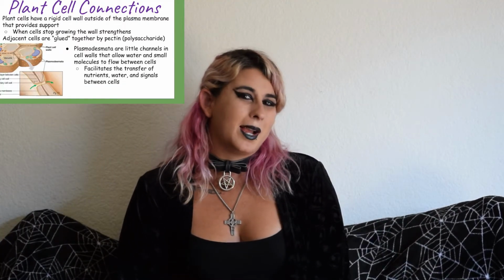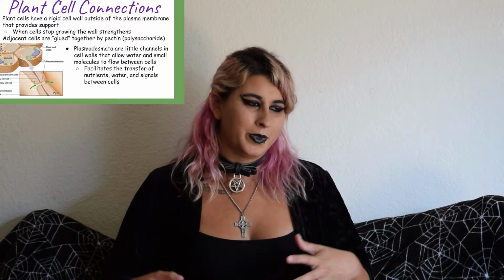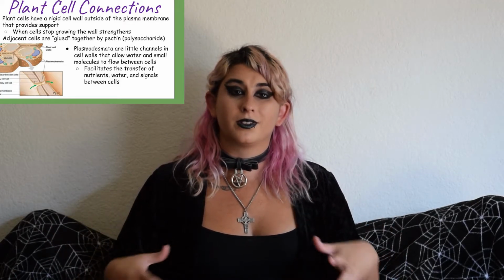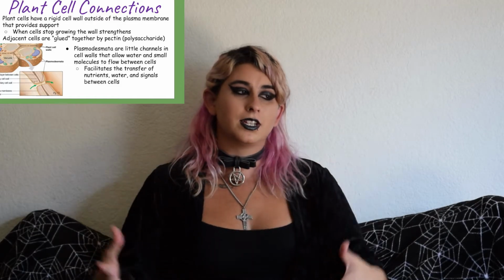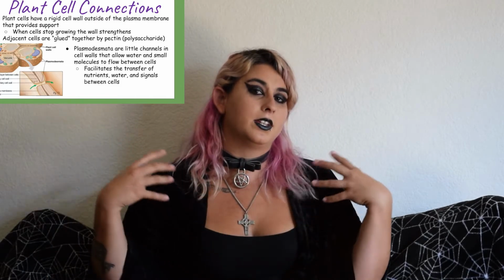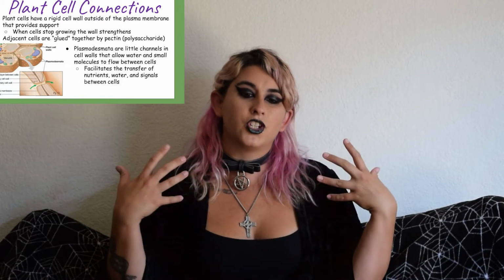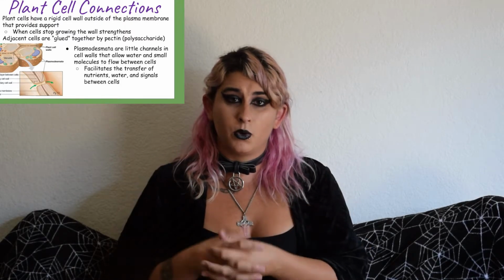Up to this point, I'm sure you've noticed that we focus primarily on animal cells here. And don't worry, right now we're going to move on to those connections in plant cells, because while plant cells still have that cytoskeleton, they still have those fibers that make it up, they also have that rigid cell wall outside of their plasma membrane that provides support.